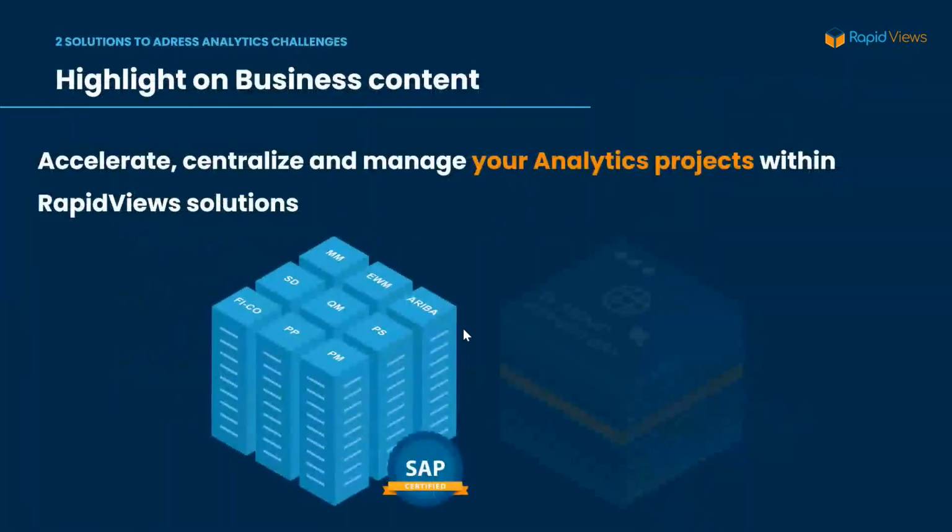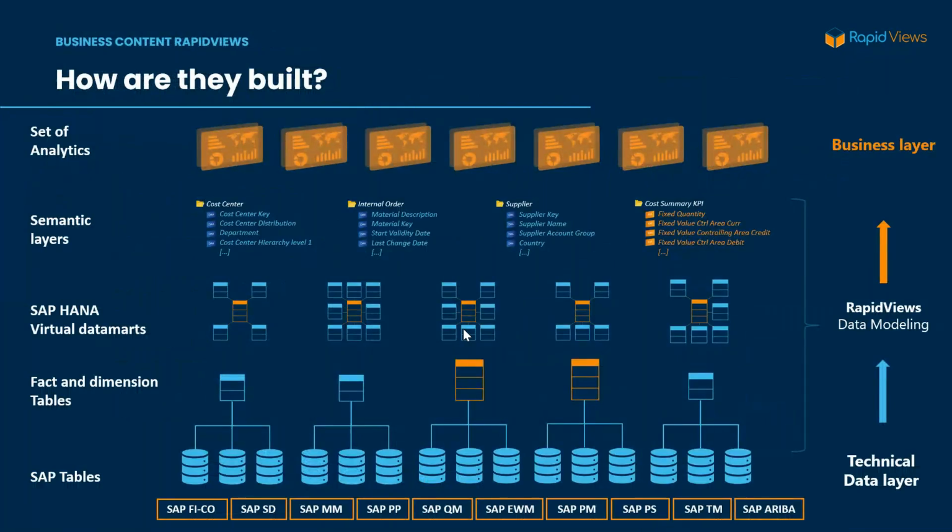So our business content, what we have built. When HANA technology was coming, we decided to develop some business content. On top of the SAP tables, we have developed some fact and dimension tables to have nice data models, nice star schemas, SAP HANA virtual data marts to provide end users with semantic layers.